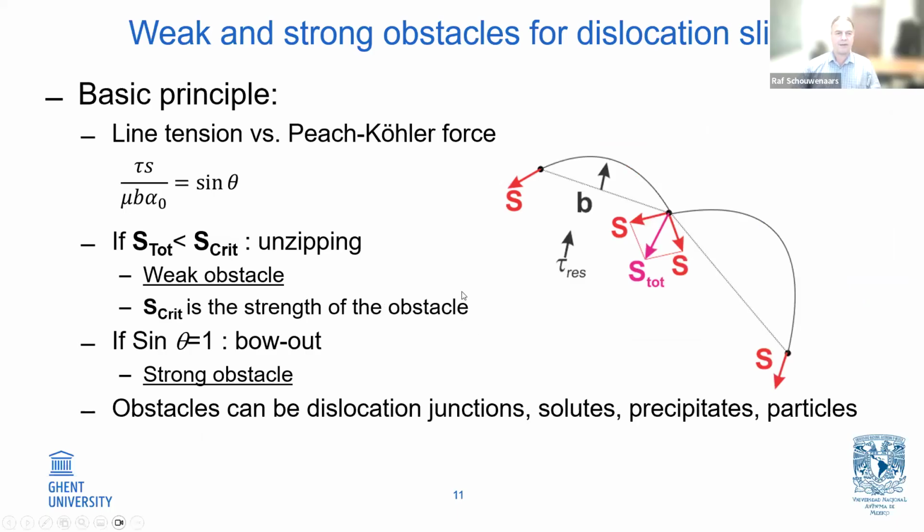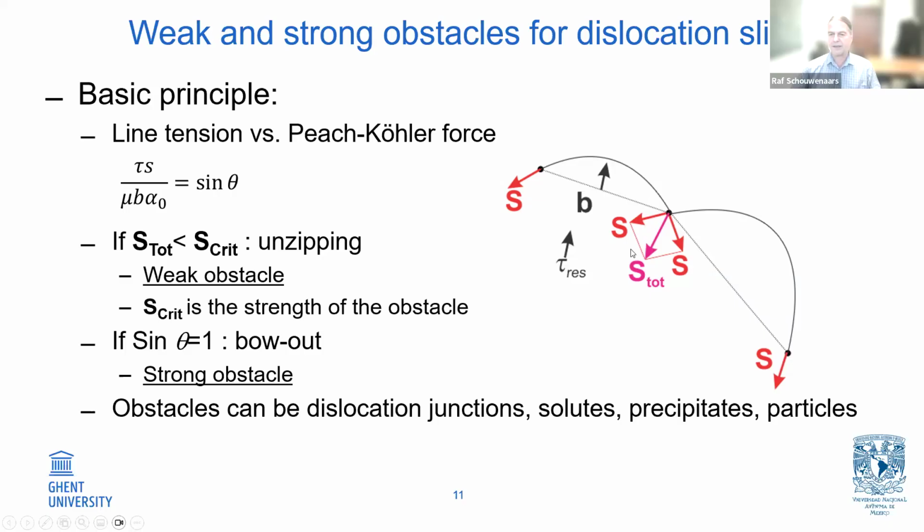Well, first, quickly to the strong and weak obstacles. So if we've got a dislocation line pinned on 3 obstacles, which may be junctions, dislocation locks, solutes, precipitates, particles, whatever is in a crystal, then we use this formula. The simple formula for the line tension is equal to the Peach-Koehler force.